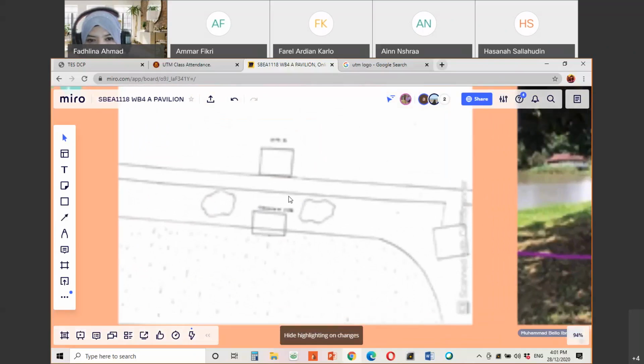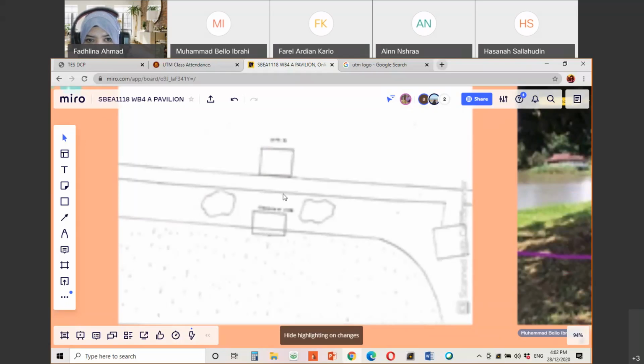So I want to put it a little bit in the water, in front of the wakaf. I think when I put the pavilion that looks like a bird sculpture there, it can also blend in the water.